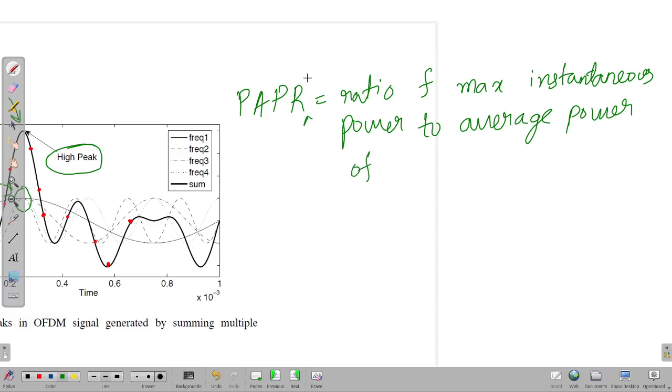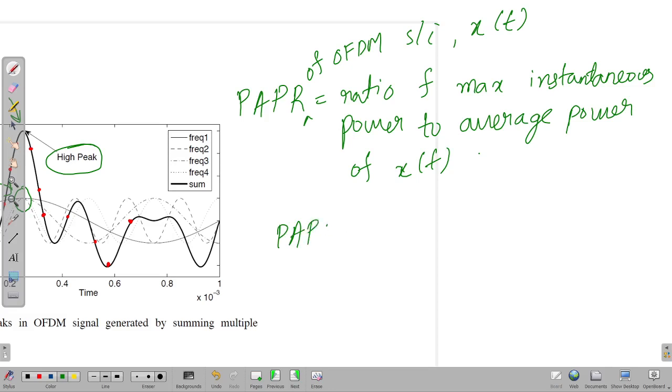PAPR of an OFDM signal x of t is the ratio of maximum instantaneous power to average power of x of t.